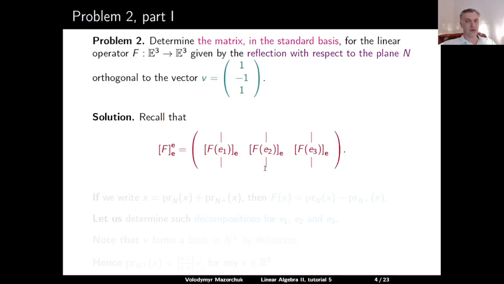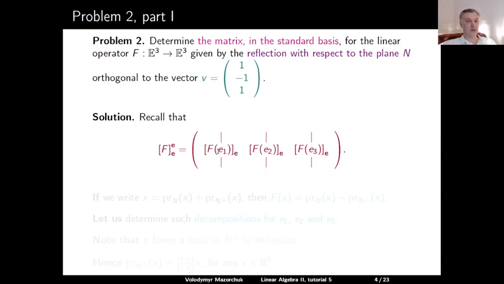The second column consists of the coordinates in the standard basis of the image of the second standard basis vector under our linear operator. And similarly, the third column consists of the coordinates in the standard basis of the image of the third standard basis vector under our linear operator.